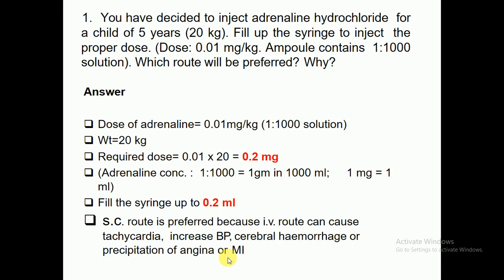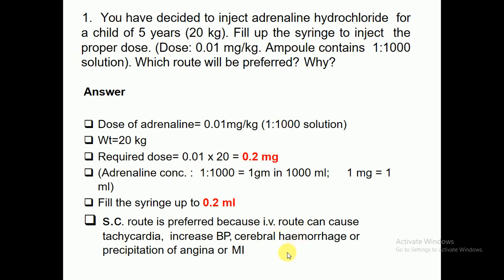decrease in heart rate and increase in blood pressure, and there may be chances of cerebral hemorrhage, or precipitation of angina or myocardial infarction. So now the answer to these two questions is that this injection should be administered subcutaneously, so it will be more effective. And why?